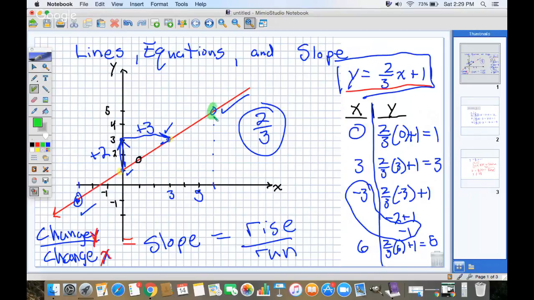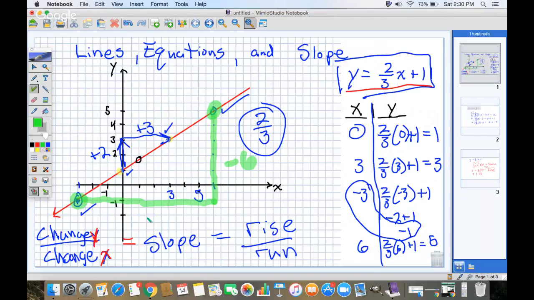Okay, so let's suppose instead, let's pick a different scene. I want to get from this point over there to that point over there. So to make that happen, I'm going to have to go down 1, 2, 3, 4, 5, 6. And I'm going to have to run 1, 2, 3, 4, 5, 6, 7, 8, 9.